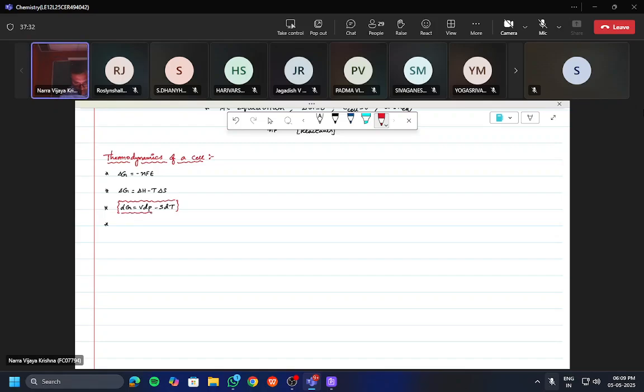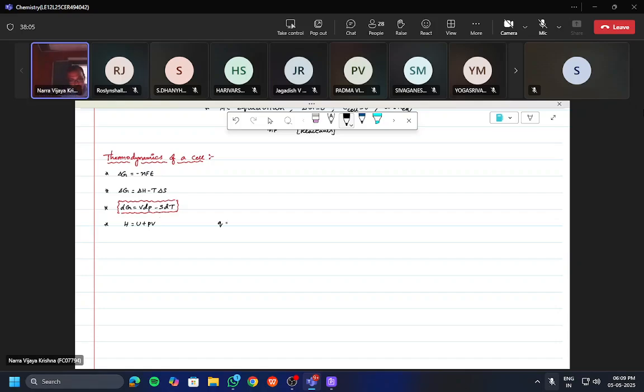First law of thermodynamics, what is it? Delta H is equal to delta U plus W. Can I write it as delta nRT? Instead of writing that, can I write H is equal to U plus PV? U is internal energy, PV is work. Add internal energy and work, then you will get heat. Heat is represented by enthalpy.